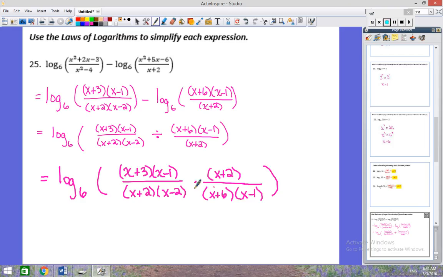Alright, so now, multiplication of fractions is much easier than addition and subtraction. You just multiply straight across the numerator, straight across the denominator. Let's look and see if we have any common factors that cancel. This factor of x minus 1 divided by x minus 1 is just 1. And this factor of x plus 2 divided by this factor of x plus 2, they cancel.